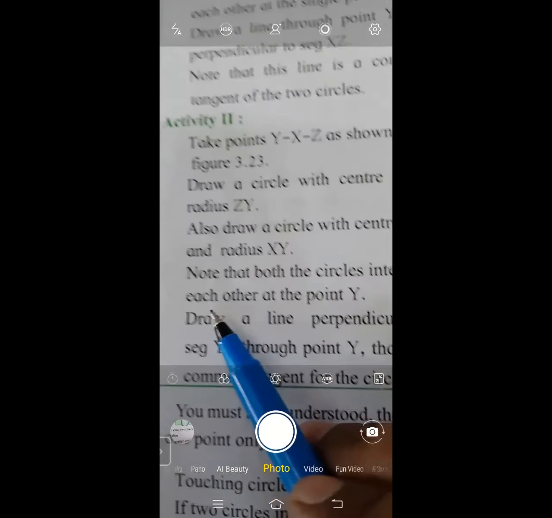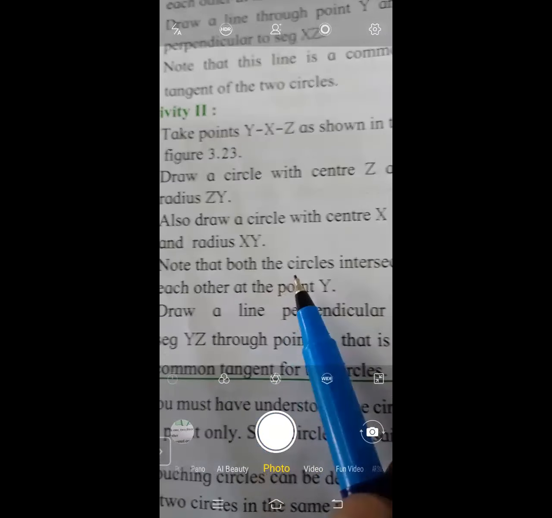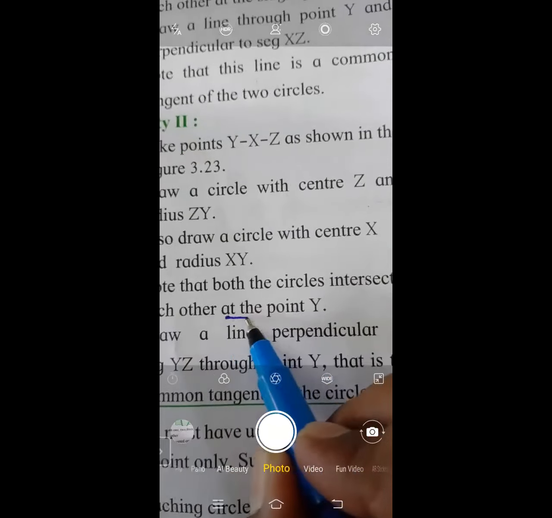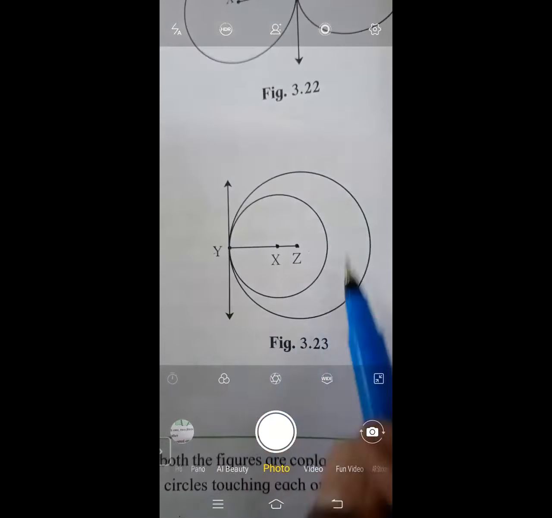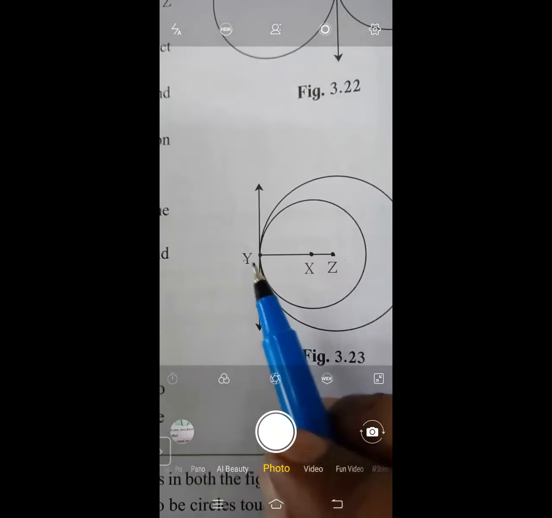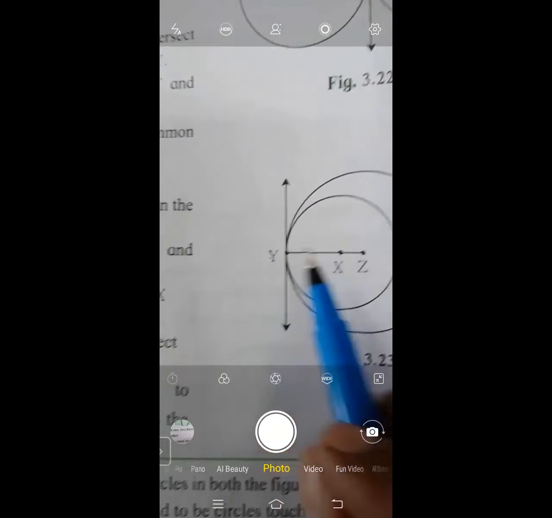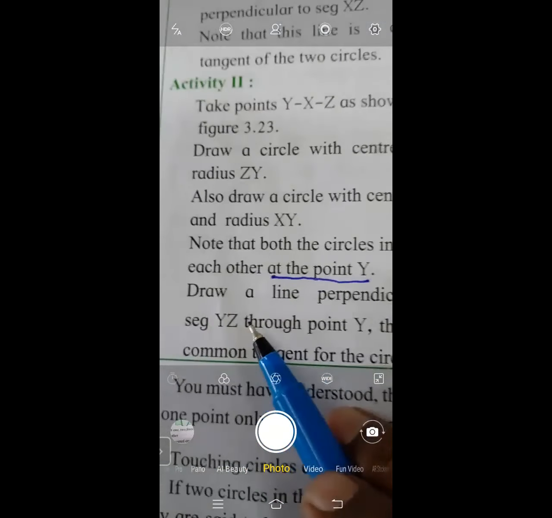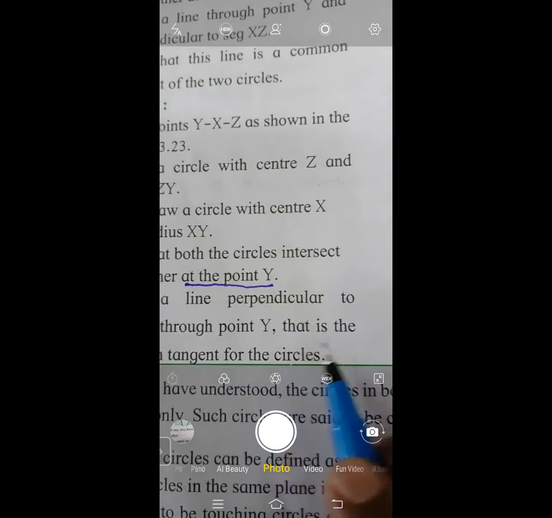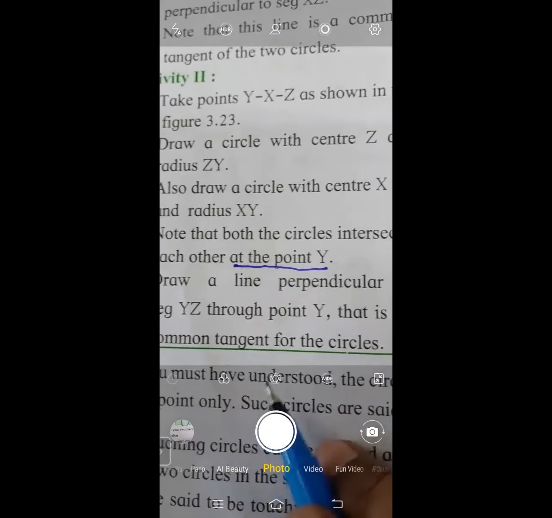Now these are internally touching circles. Note that both the circles intersect each other at the point y. You can see that we are touching the circles which are internally to each other at just a single point y. Draw a line perpendicular to segment yz through point y that is a common tangent for the circles.